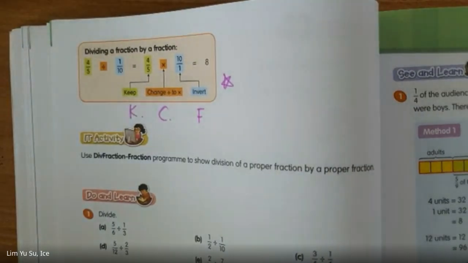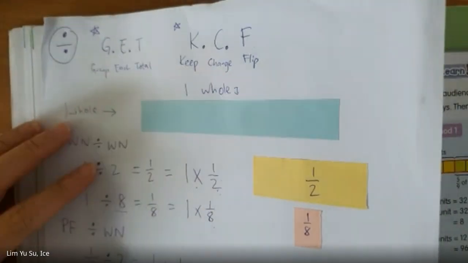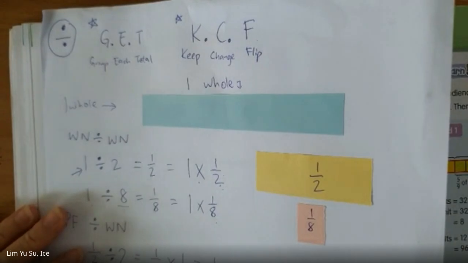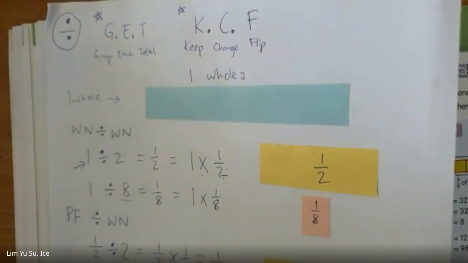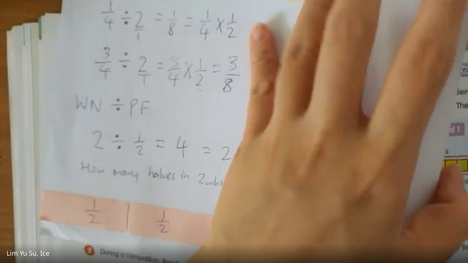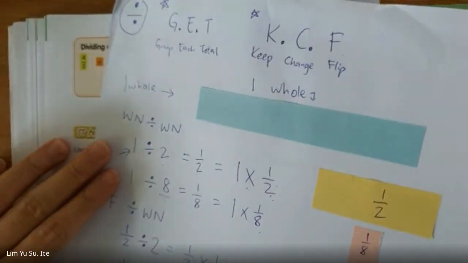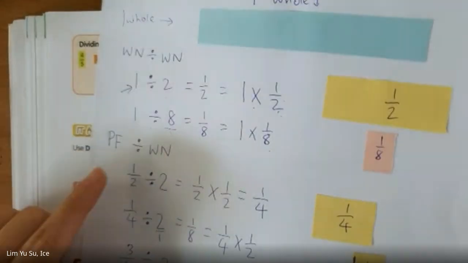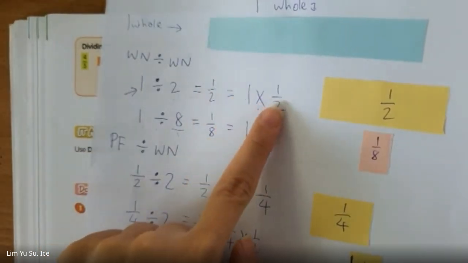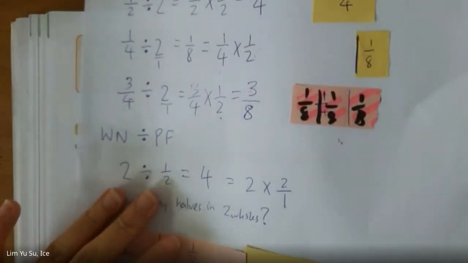And in yesterday's activity on the fraction strips, you will realize that even a whole number divided by a whole number can also use keep change flip. It applies to all situations.